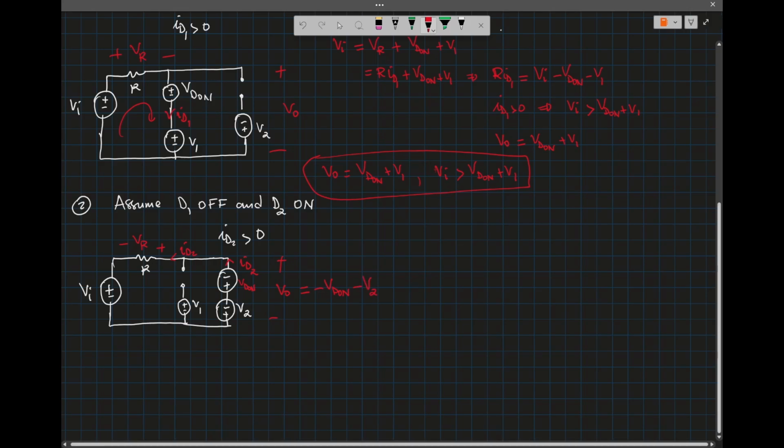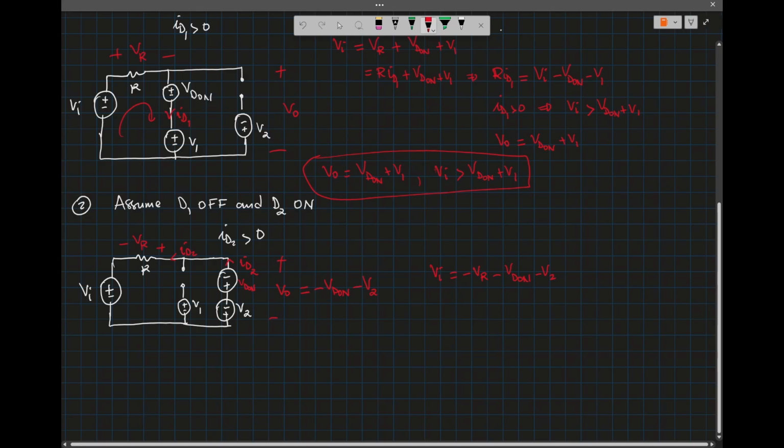And then when I write KVL, I have VI equal to minus VR minus VD on minus V2.